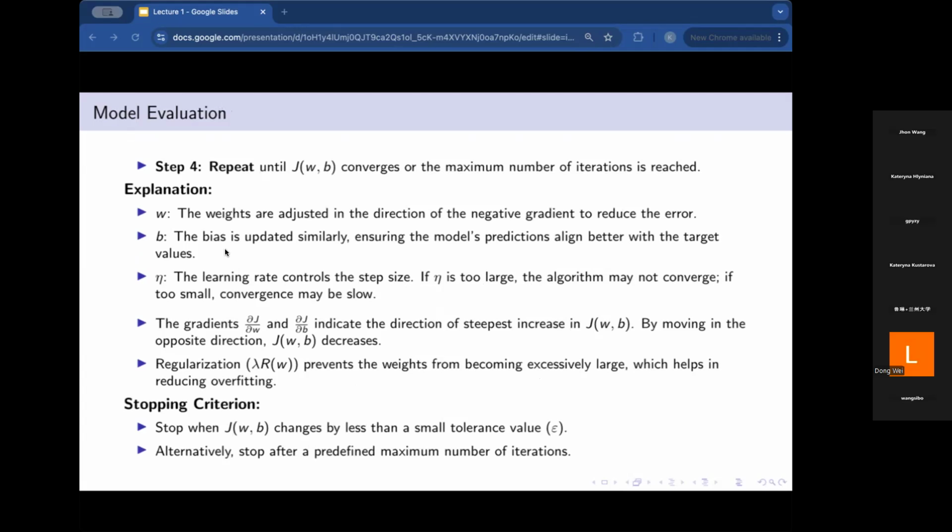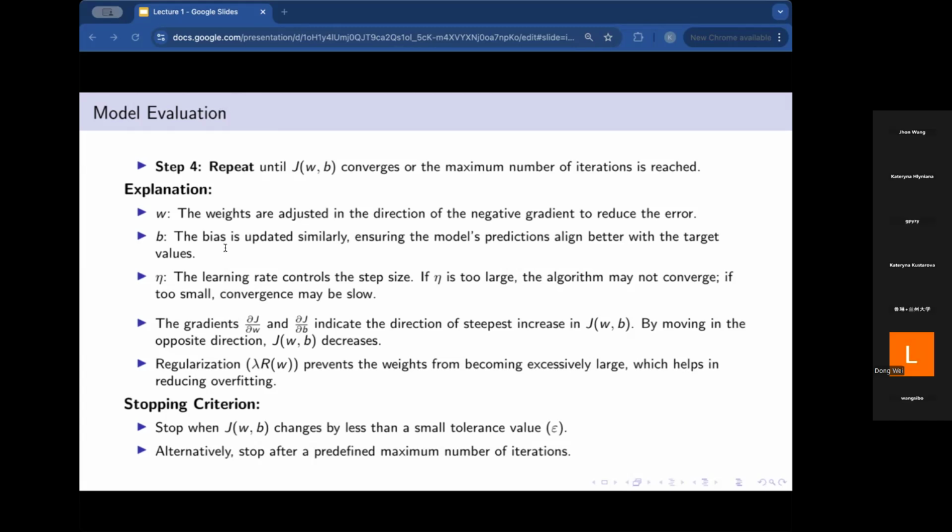reached. And again, w, the weights, are adjusted in the direction of the negative gradient in order to reduce the error. B, the bias, is updated in a similar manner, ensuring that the model's predictions align better with the target values. And eta, the learning rate, controls the step size. If eta is too large, the algorithm may not converge.